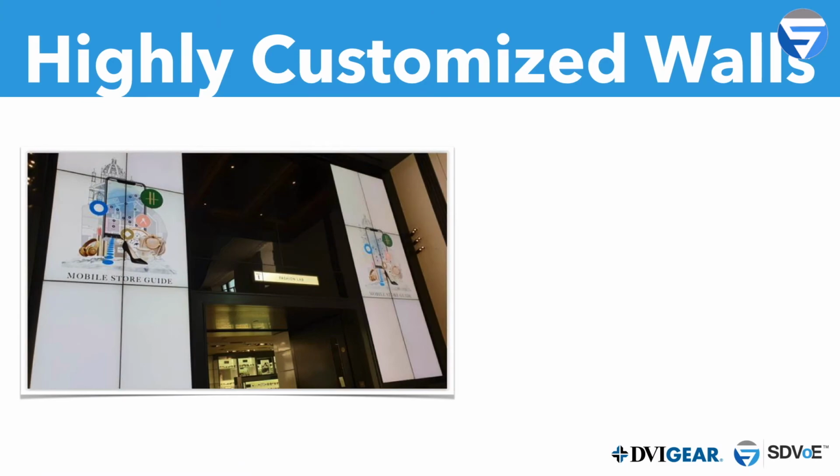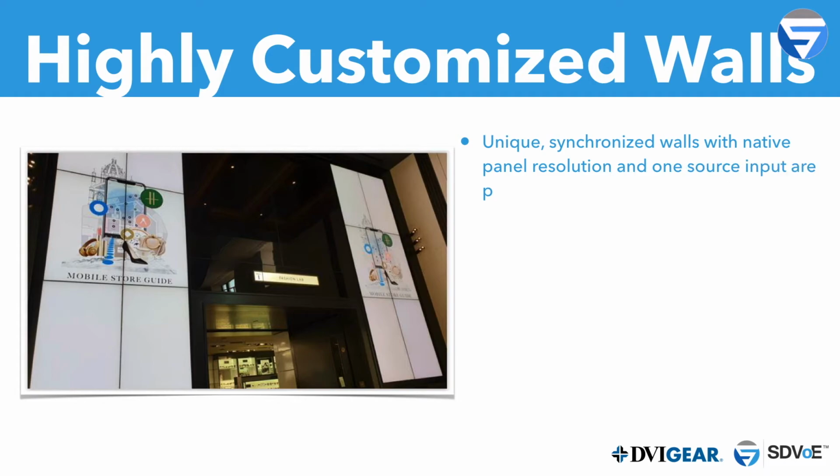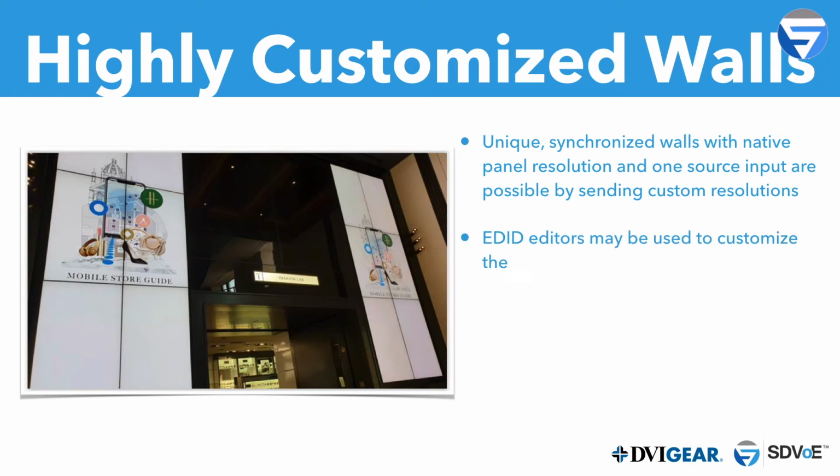So what we were able to do is a unique synchronized wall, native panel resolution across several panels, using only one source input. So we were able to get more displays out of one video input. And the way we were able to do that was create a virtual display using a custom EDID. So by using an external EDID editor, we create a display with extended resolution in one direction and sent that as the default resolution out to the source device.